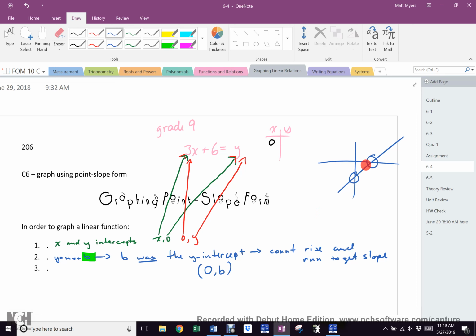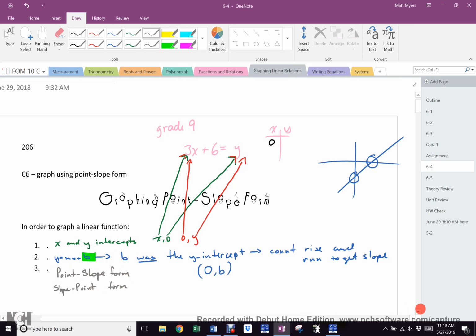So if we had a way that could use all these other points, it would be pretty useful, wouldn't it? And that's what we're going to learn about today. We are going to learn about point-slope form. Or, if you like saying slope-intercept form, some people call this slope-point form. They're the same thing.